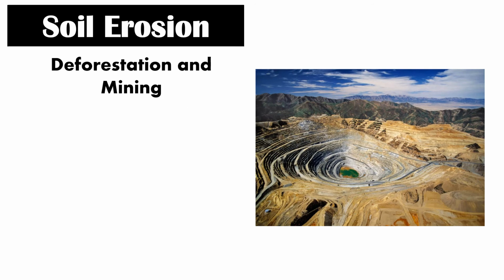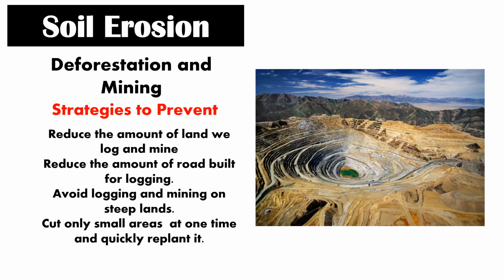What we can do to help lessen the effects of deforestation and mining on soil and soil erosion is to reduce the amount of land we log and mine, reduce the amount of road built for logging, avoid logging and mining on steep lands, and cut only small areas at one time and quickly replant. We can summarize this by saying that we reduce human activity and reduce the land that we exploit and destroy due to deforestation and mining.